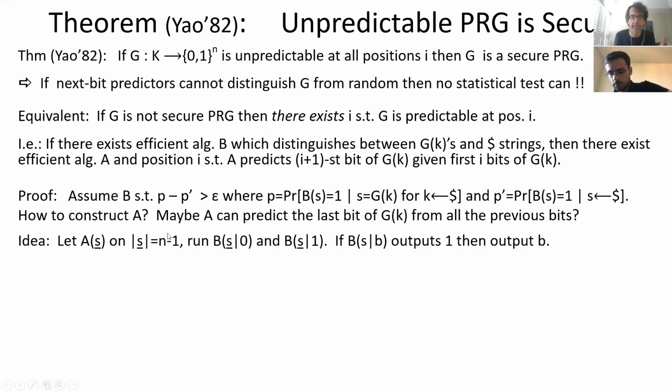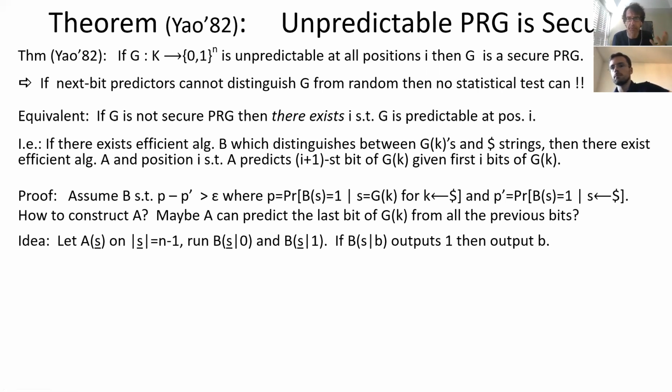Well, what is A's input? It's n minus 1 bits, and these are outputs of a PRG, actually. The only thing A has to do with these bits, I call them S here, is to predict the last bit. But the only thing it can work with is some algorithm B that takes all the bits.